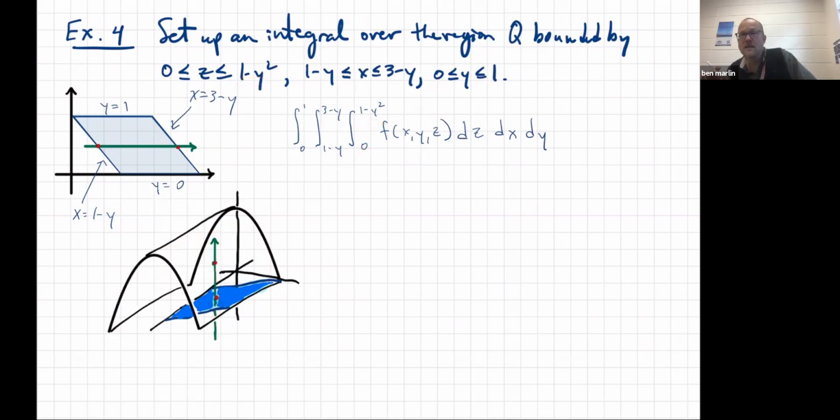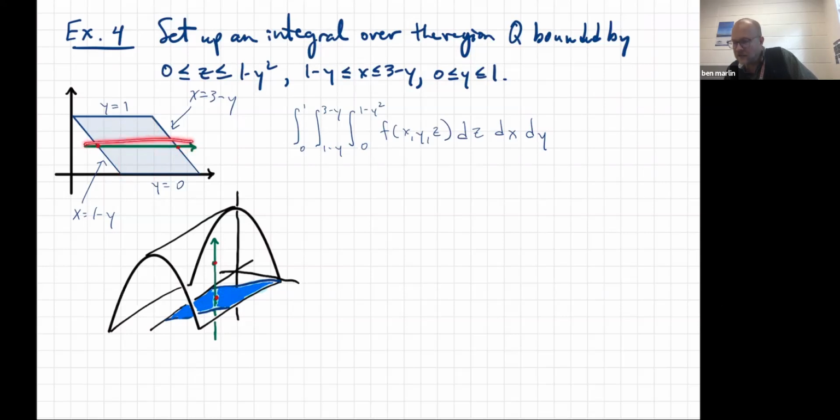I would always advise setting them up from the inside out, okay? Then once we've got that, we have to look at that region on the plane here. And because it is simple in the horizontal direction, but not the vertical direction, I went ahead and integrated dx first and then dy.